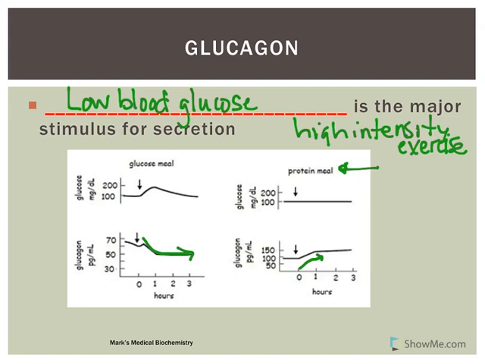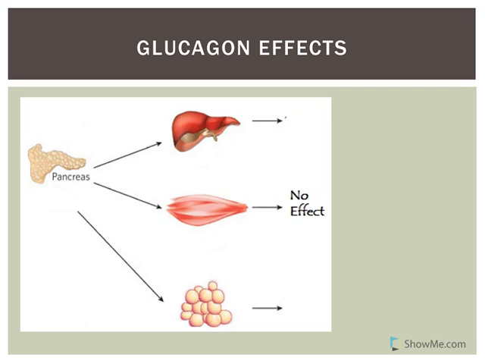So we're going to need some glucagon because we're not getting glucose from what we're eating. We're going to show you what happens as a result of glucagon in the bloodstream, its major effects on target organs.